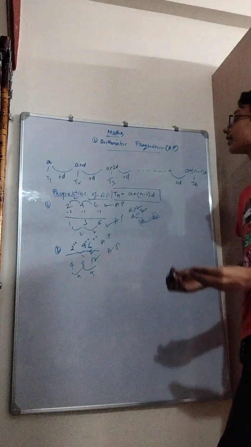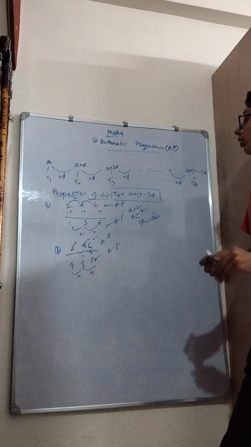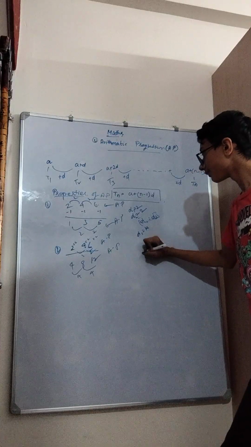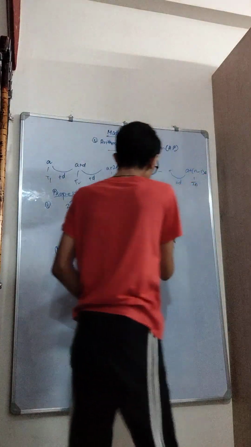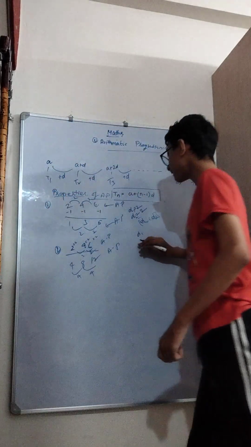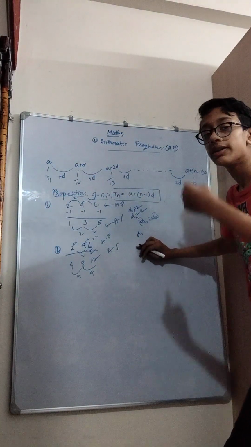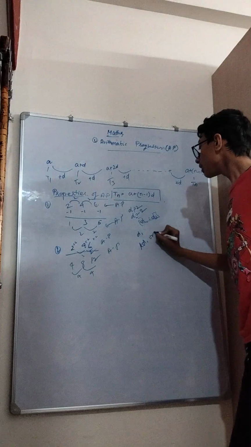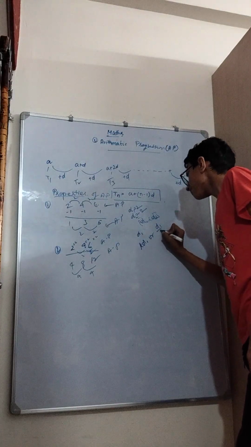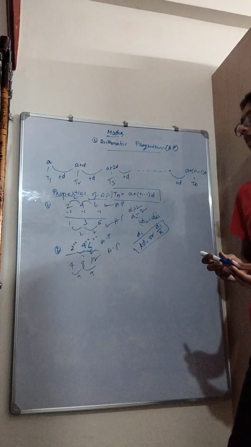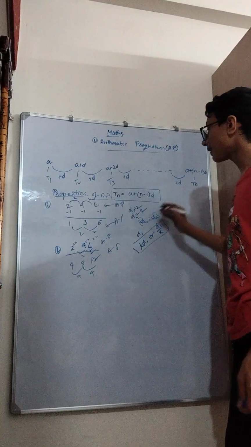But the common difference changes: if the first common difference is D1, then after multiplying or dividing by a constant K, it becomes K times D1 or D1 by K. That would be the common difference for the resulting series. Understood? So this is the second property.